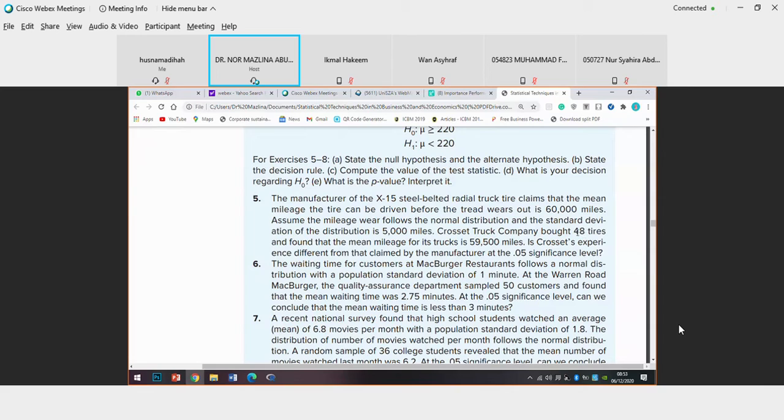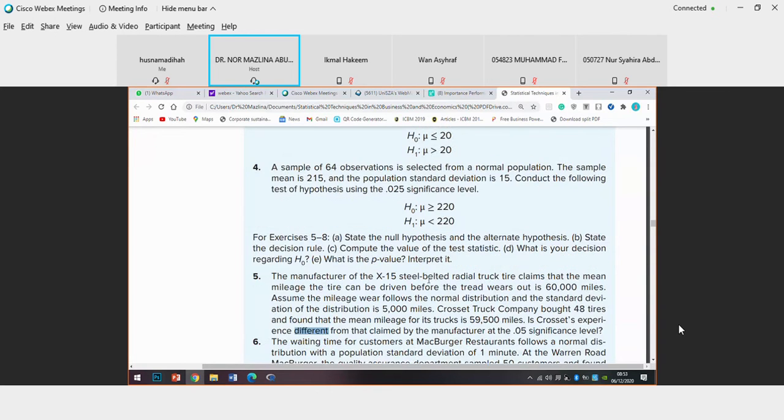Okay, however, you must understand that this average is based on 48 tires only. Jadi mungkin kita ada 1,000 tayar. Betul tak? Okay, so we want to know whether the experience is different from that claimed by manufacturer at 0.05 significance level. Jadi nampak apa perkataan different ni? Okay, different. Jadi maksud you going to do a two-tailed test.